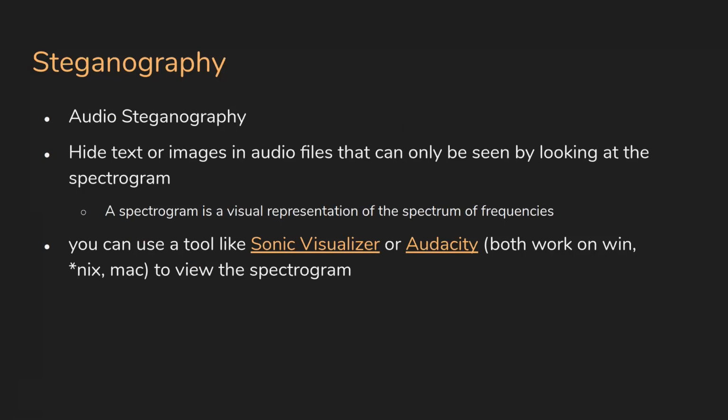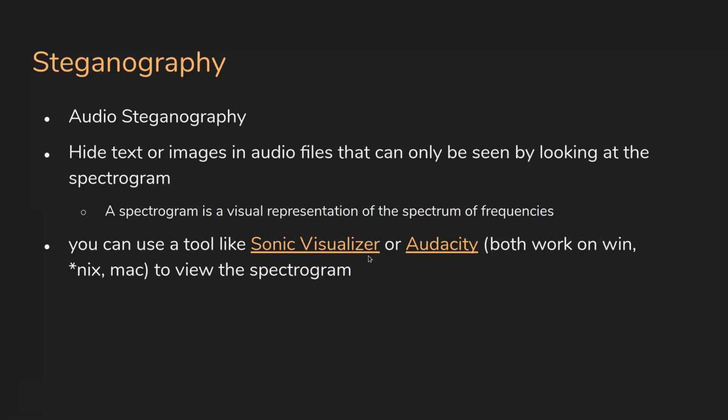Typically when you open audio editing software, you're not looking at the spectrogram, right? So there are special tools, or not even special tools, because Audacity is a general purpose tool, but there are special tools within these programs that can help you view the spectrogram, and which would help you view the actual flag.